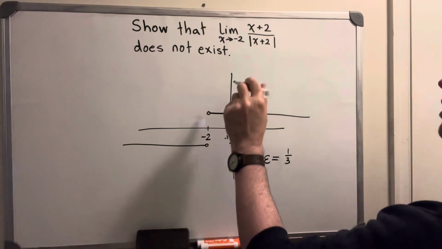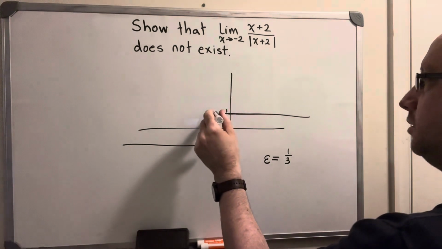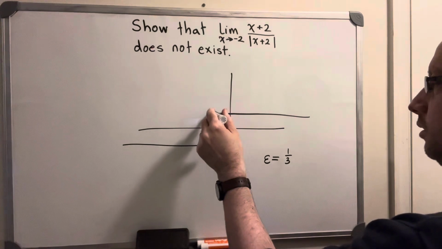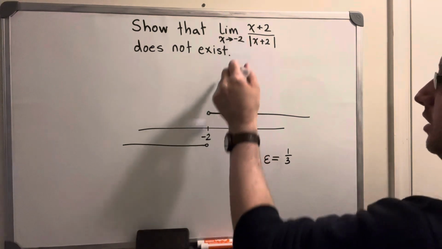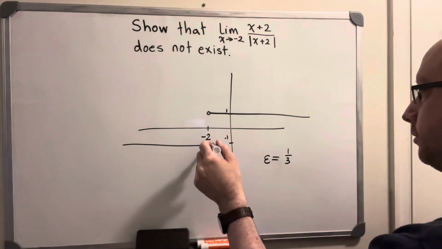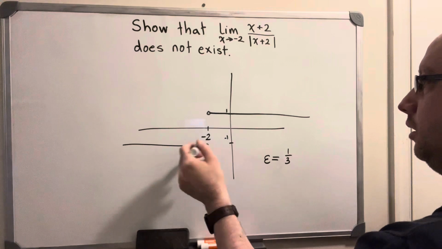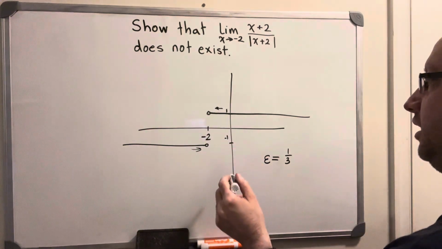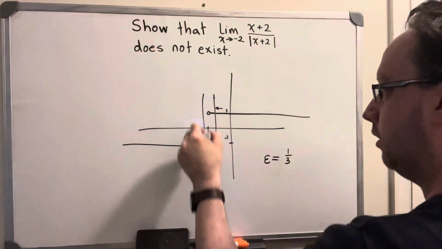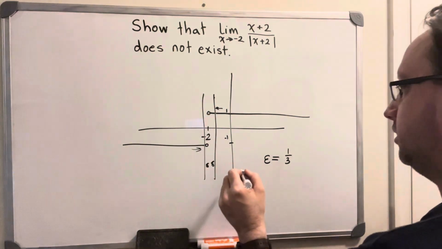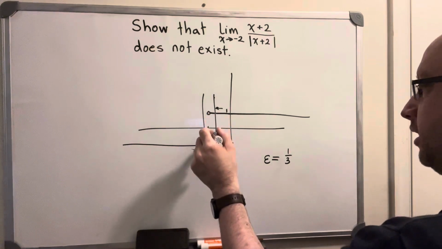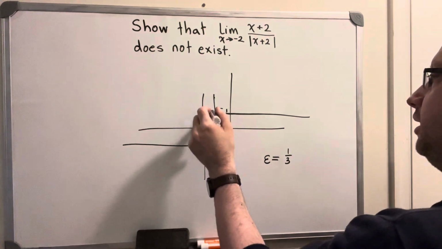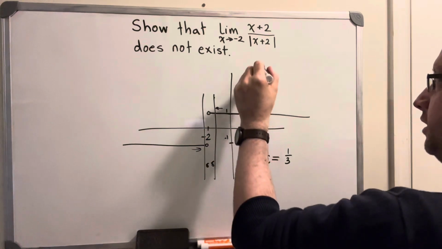First of all, if -2 is the value that we're talking about, whether we're coming at it from the negative direction or from the positive direction, is there a value of delta so that as long as we're within delta of -2? No, so we've already found a counterexample.